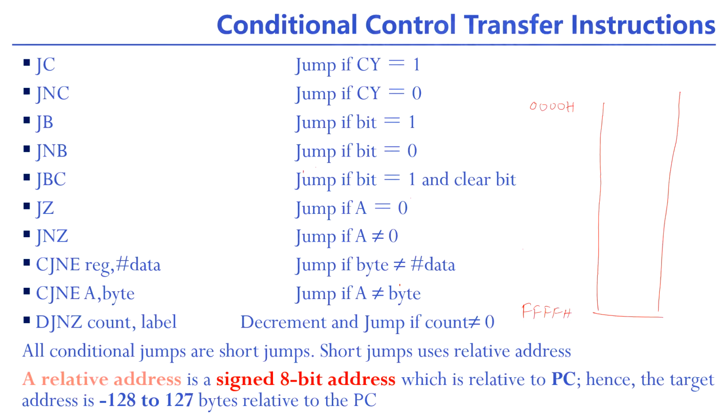Most of the time, programs start at this location. Let us consider that the conditional jump instruction is available at 2000H. Let us consider I executed this JZ instruction, so at this location the JZ instruction is available.